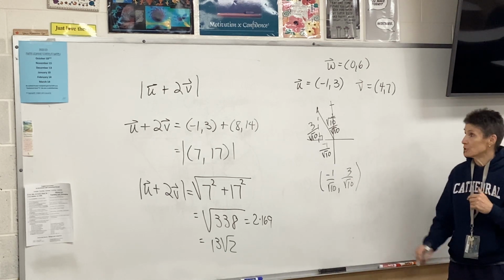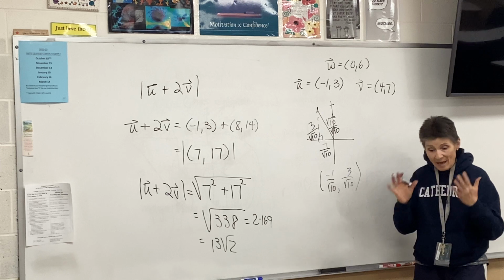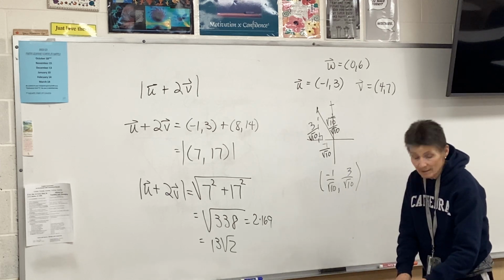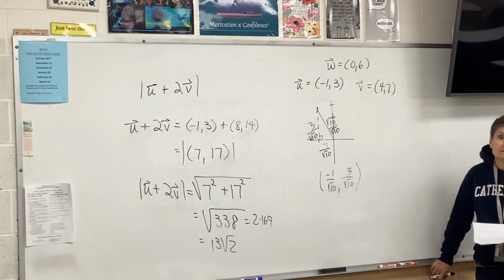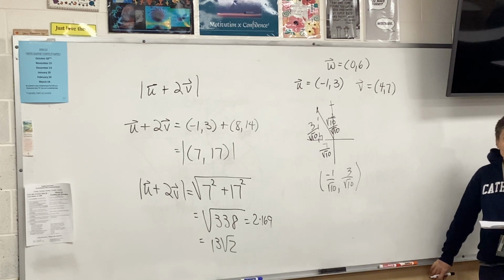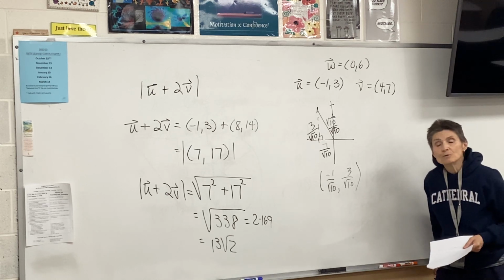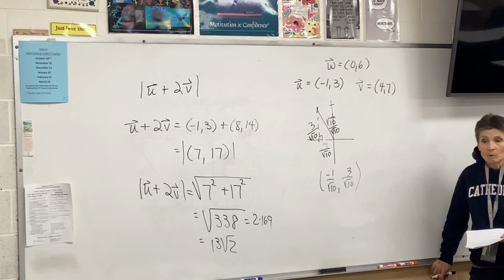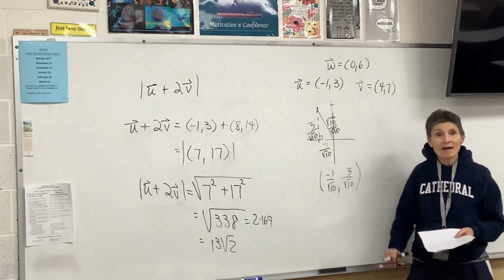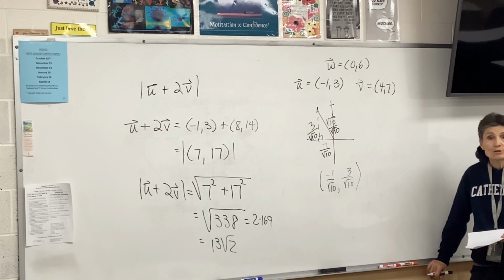Now its magnitude is 1. And that's how you make a unit vector. Okay, so basically, those of you out there who like to memorize stuff, how do you make a vector a unit vector? You divide its coordinates by its magnitude. Whatever the original magnitude was, divide your x and y by that, and you'll have yourself a unit vector.